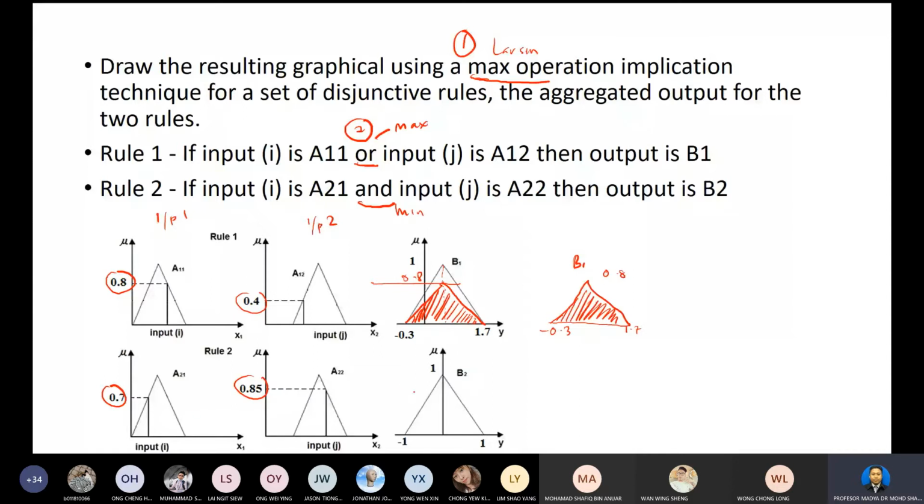From 0.7 you do like this, then from this intersection you write here. This is our output. So I draw here: this one will be negative 1, 1, and this one is 0.7.